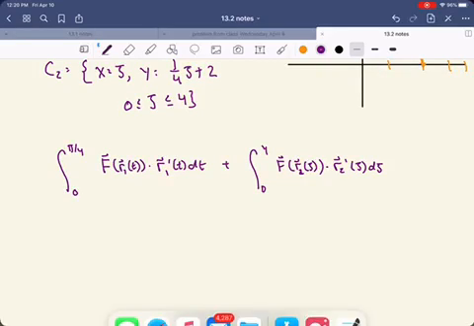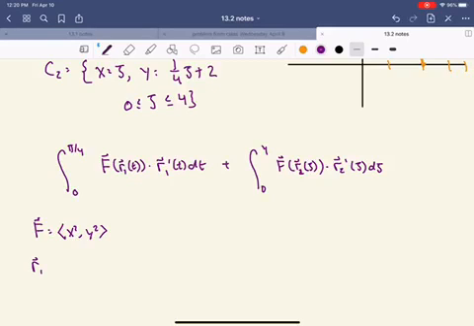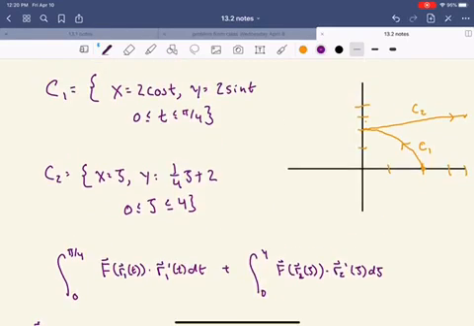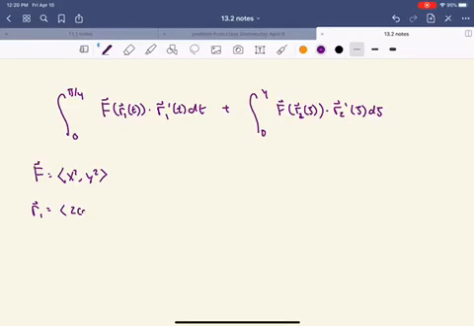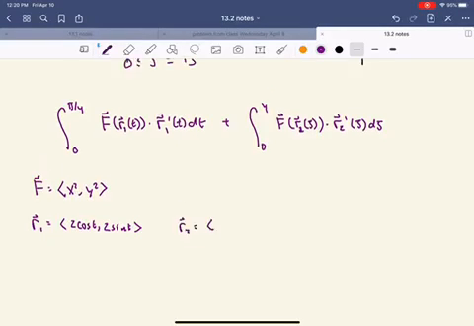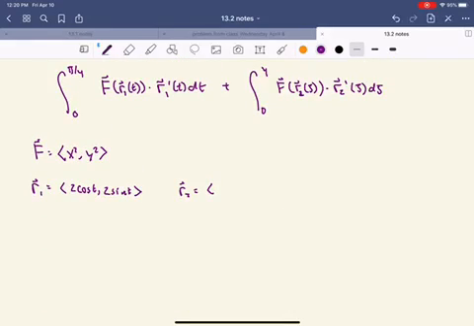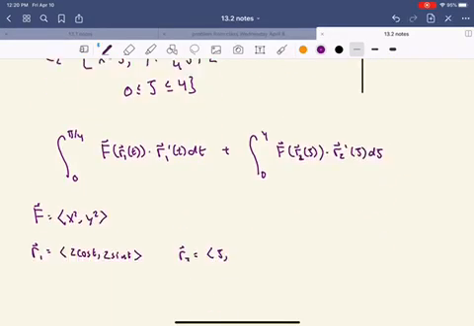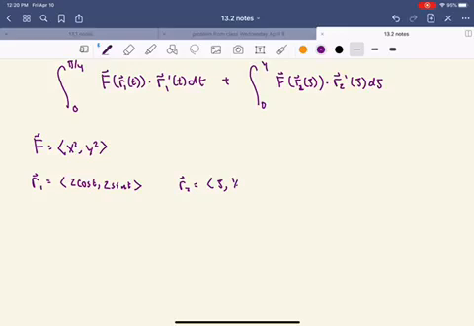Let me write it down. r1 is 2 cosine t, 2 sine t. r2 is tau, 1/4 tau plus 2.